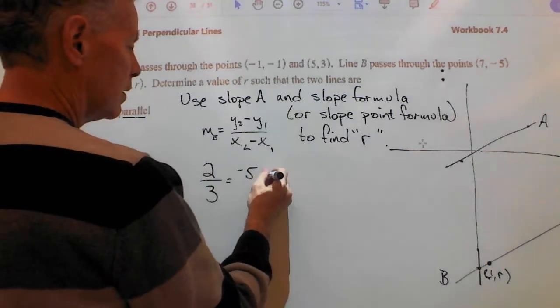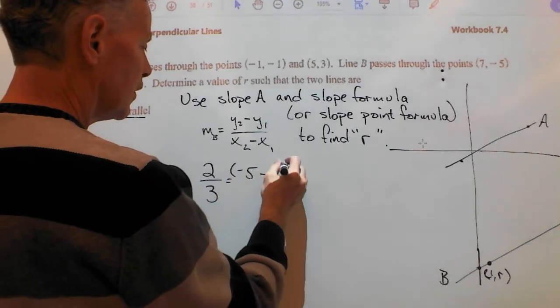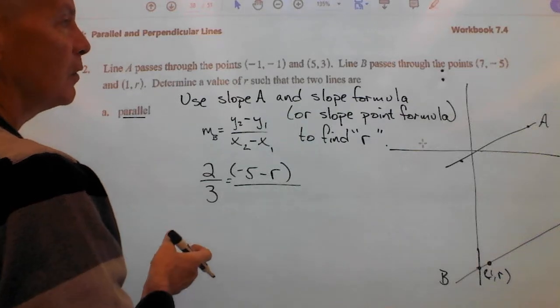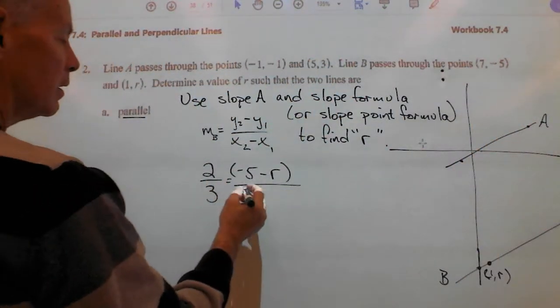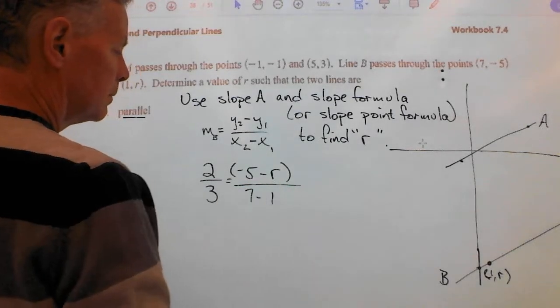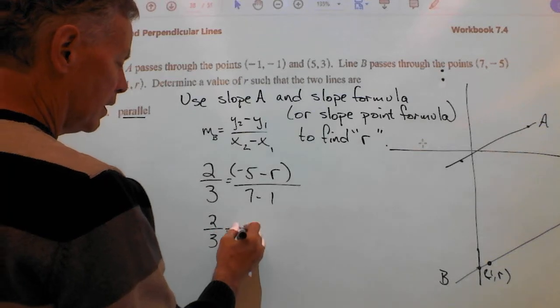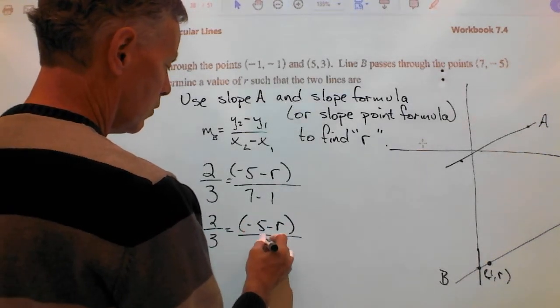Our y1 is r, right? That's our variable. We don't know what that is. I'm just going to put these in brackets. And then our x2 minus x1 becomes 7 minus 1. Okay? Let's simplify. 2 over 3 equals negative 5 minus r all over 6.